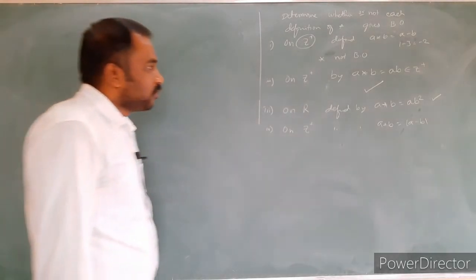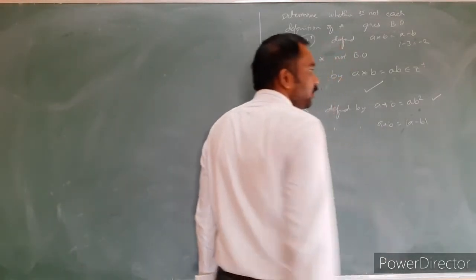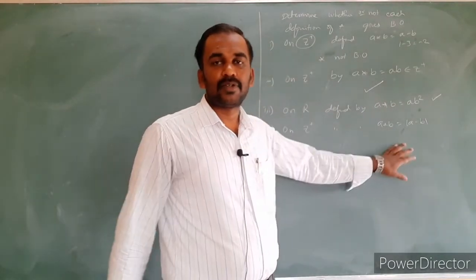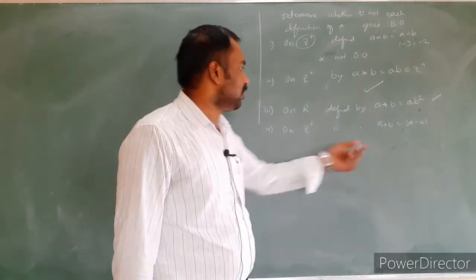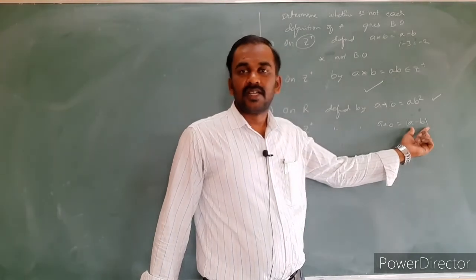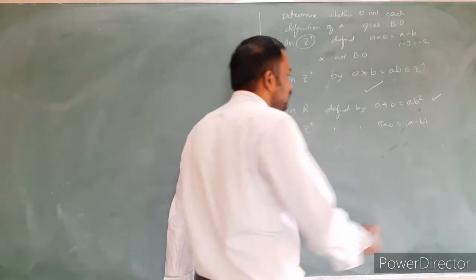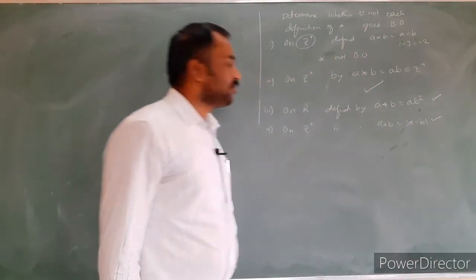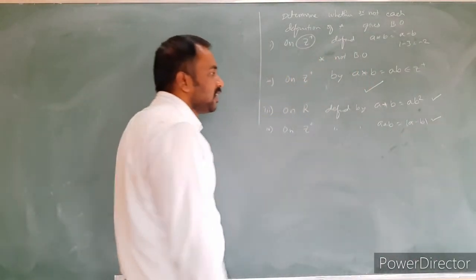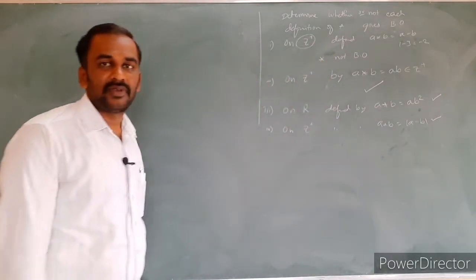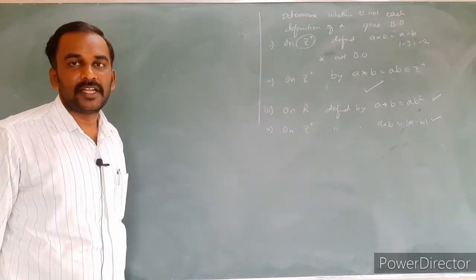Mod is nothing but always a positive value. The difference of any two integers may be either positive or negative. So absolute value, modulus, means if you take a negative value, you get a positive value. Obviously it belongs to the integers. Yes, it is a binary operation.